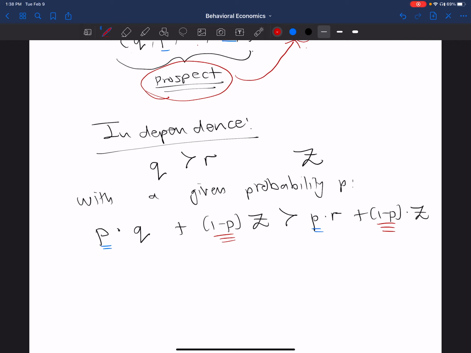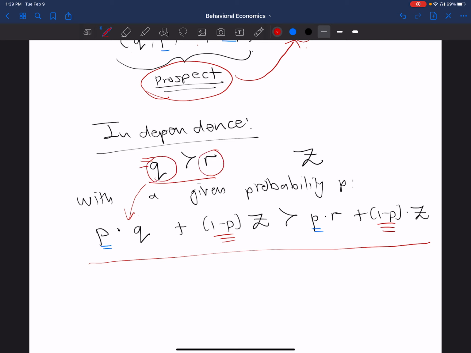So what we've done here is we've attached a probability to Q and to R, added an independent, irrelevant alternative Z, which occurs with some probability 1 minus P. Now, if someone is rational, and we're adding in this alternative Z, and that alternative Z occurs with a consistent probability 1 minus P in both cases, then if you prefer Q to R, it must be the case that you're preferring P times Q plus 1 minus P times Z to P times R plus 1 minus P times Z. That's the only way that we can have consistency across these two prospects, and the outcomes with certainty over here and here.